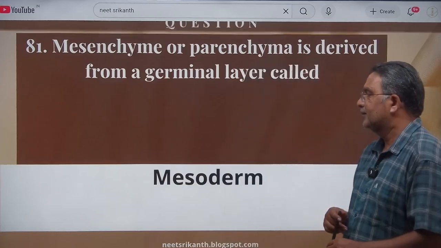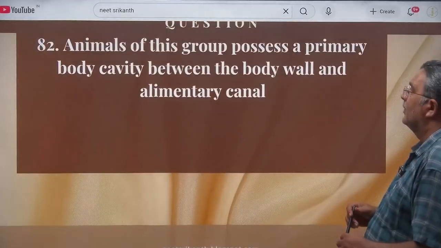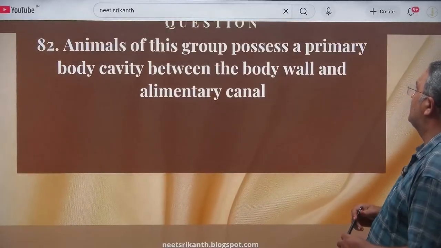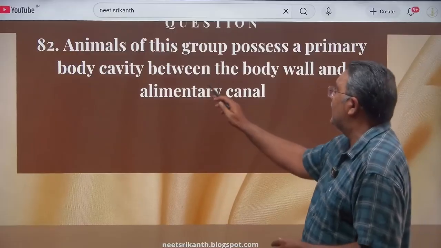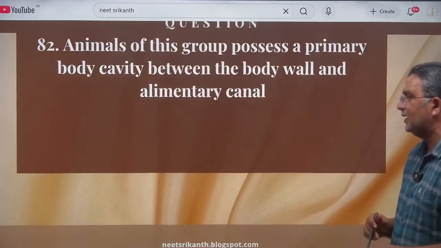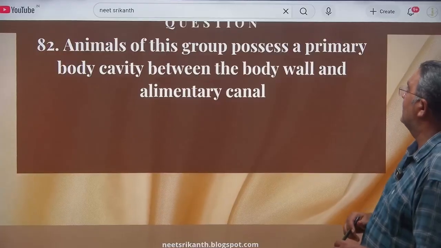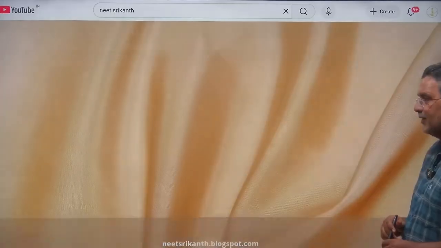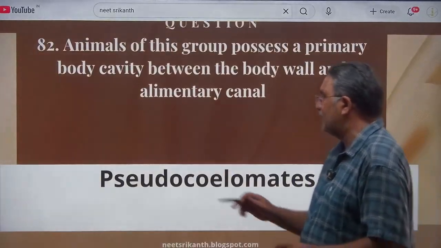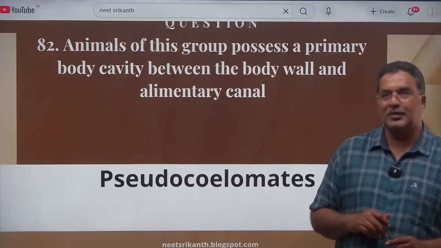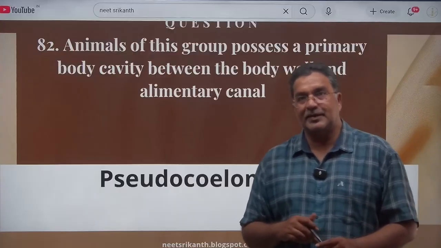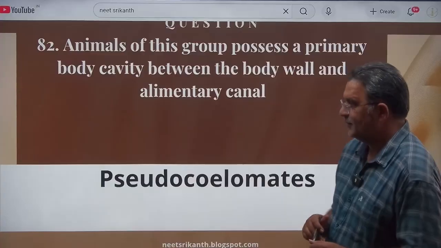Animals of this group possess a primary body cavity between the body wall and alimentary canal. Who has that primary body cavity? Pseudocoelom. To say true body cavity, a secondary body cavity should be present.